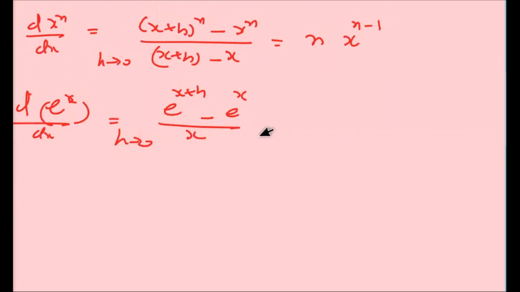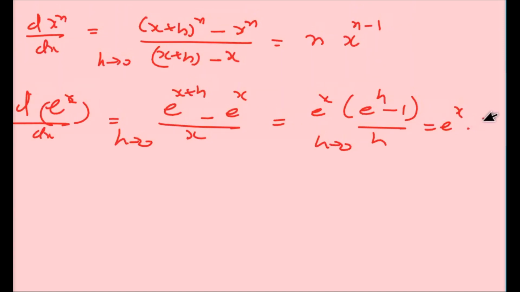So using first principle, we are writing here, taking the common e to the power x, we can write e to the power h minus 1 upon h, h tends towards 0. We can write e to the power x into 1. So differential of e^x is itself equal to e^x. Okay. This is your formula and this one is your formula.